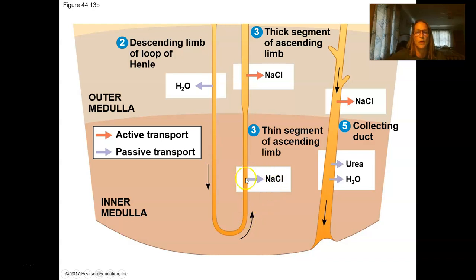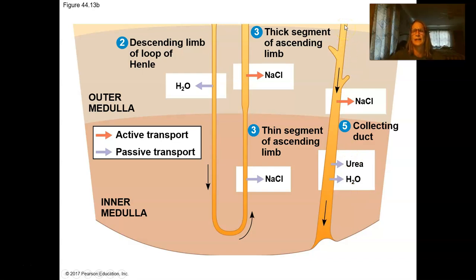At the lower portion, that salt can be reclaimed passively back into the capillaries, while a little bit higher up in the ascending loop of Henle, the sodium has to be actively pumped back into the capillaries. So that's the outer medulla and the inner medulla of that renal pelvis I was showing you before.